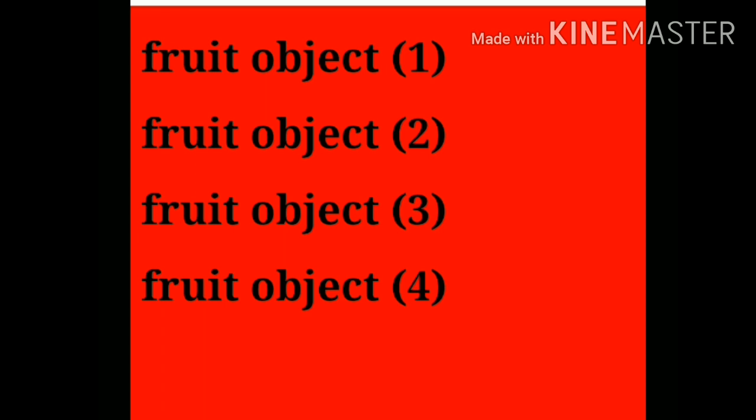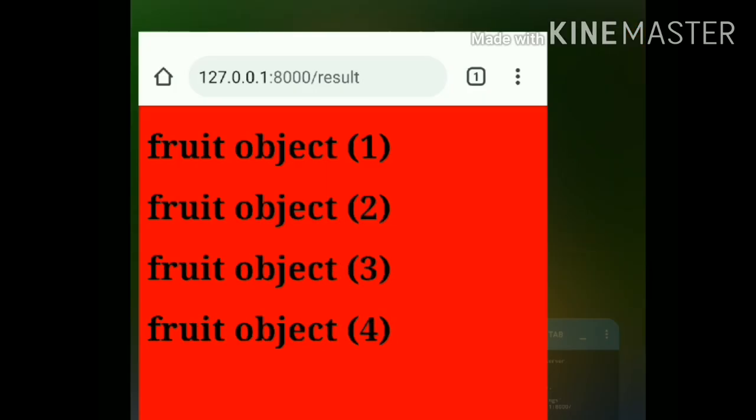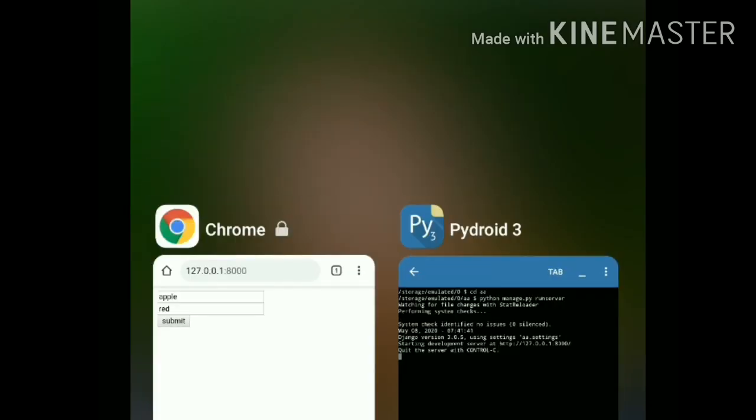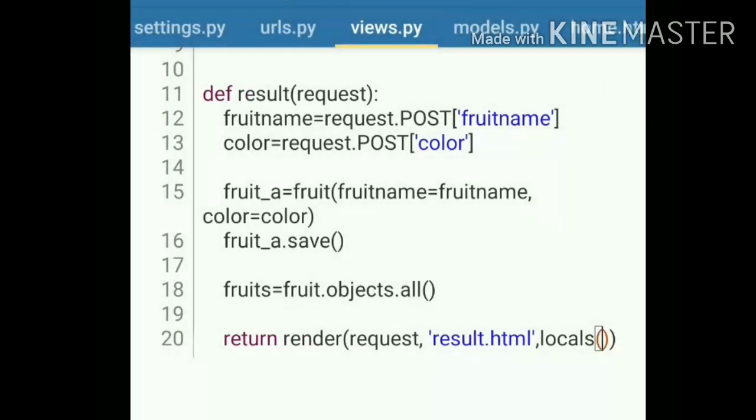So here we got four objects because we have already entered four times. So now we got rows of table, and we have to convert it into our format, that is fruit name and then color.